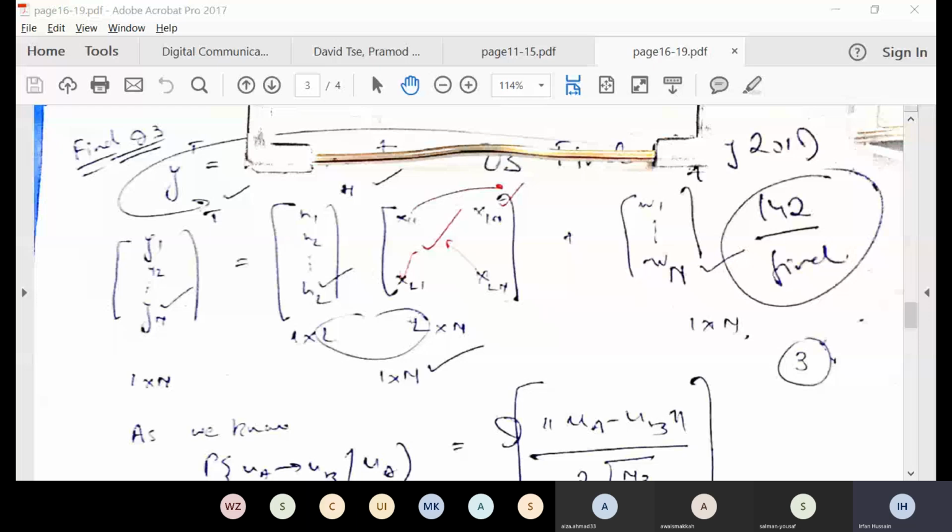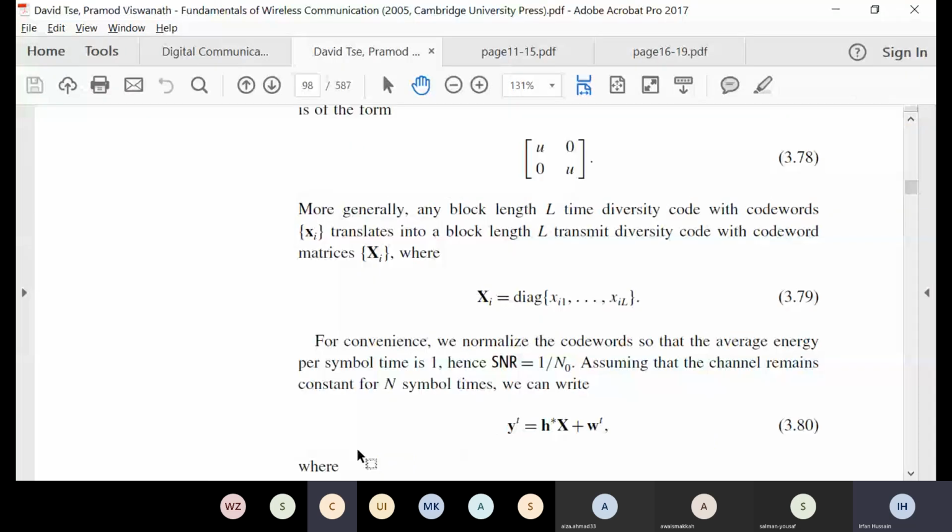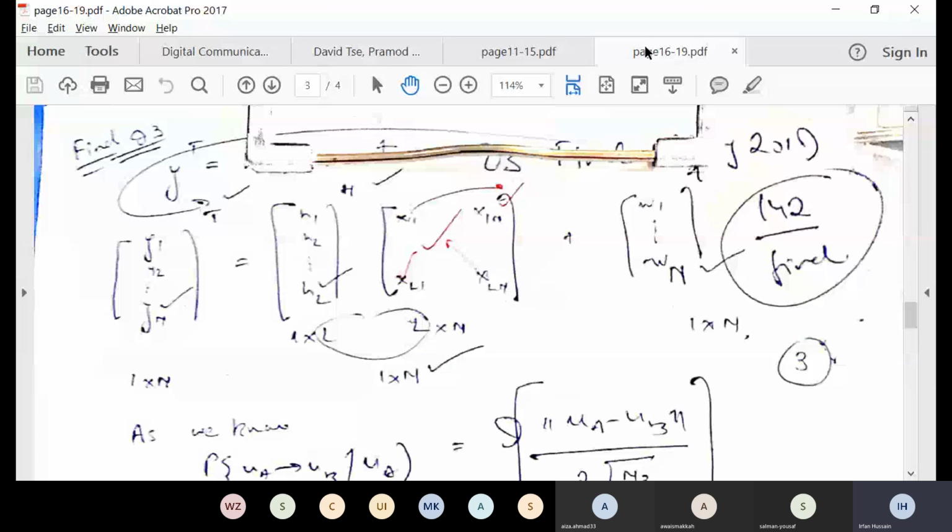So if I ask you one question, keeping my notes open, is W CN(0, N0) or is it N0 by 2? Meaning W is a complex Gaussian random variable, or it is just a real Gaussian random variable.